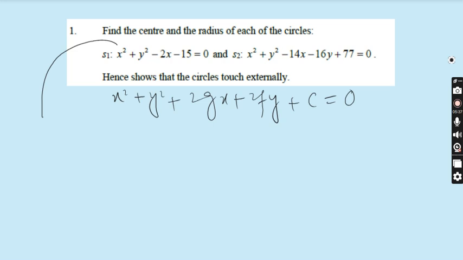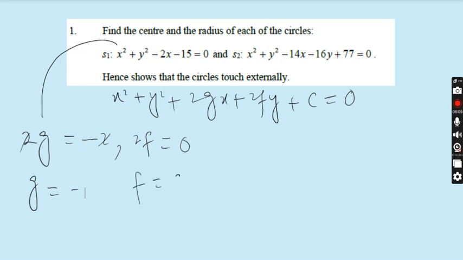So for S1, if you compare the coefficient of x, 2g is minus 2, so g equals negative 1, and 2f is the coefficient of y, but in this question there is no y term, therefore we have to take 0. So f equals 0 upon 2, which is 0.